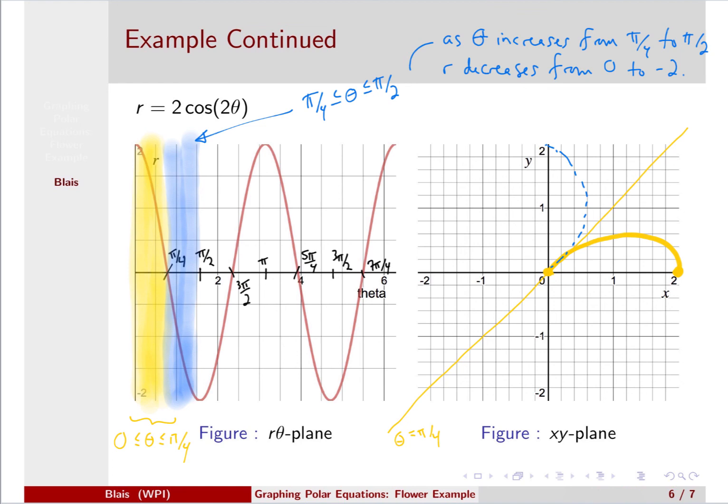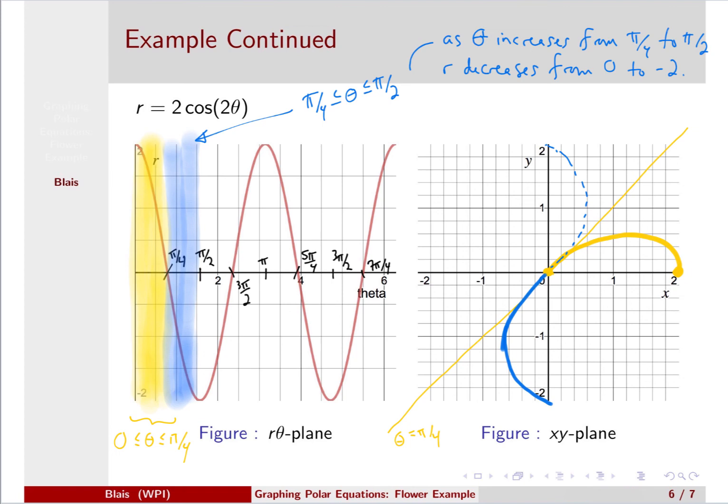But because r is negative, we have to reflect that through the origin. And reflecting this piece through the origin will give us a piece down here that looks like this. And we can continue.